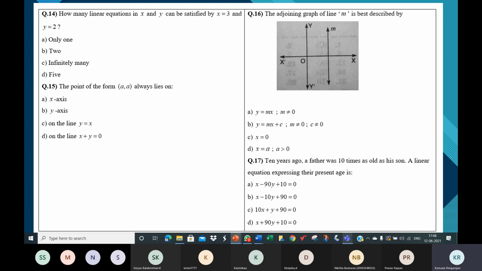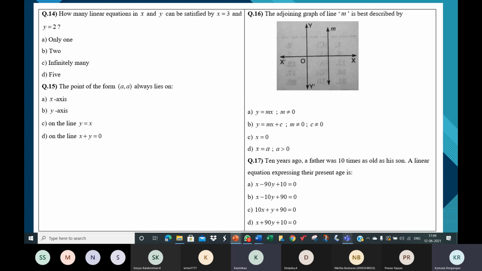Now, when we take the son's age as x and the father's age as y, what would have been their ages 10 years ago? Son's age x. What would have been his age 10 years ago?